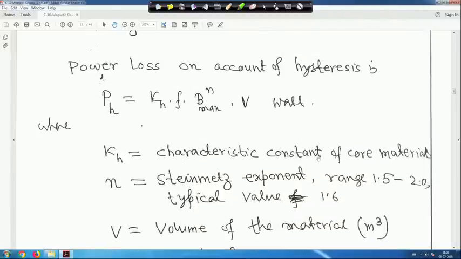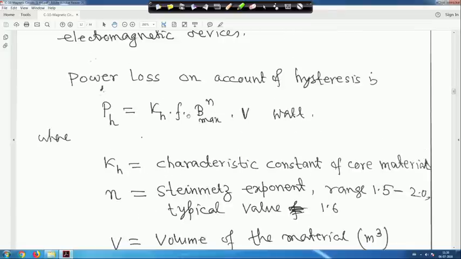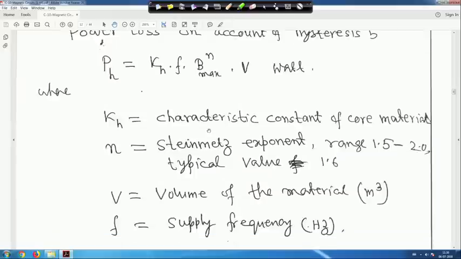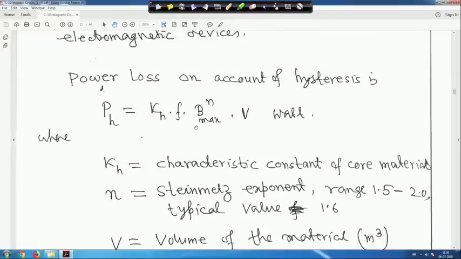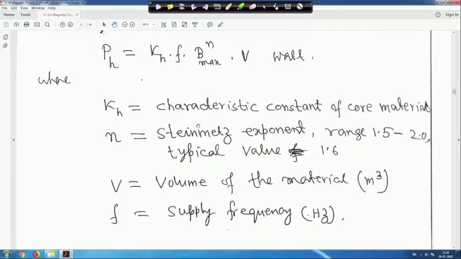Kh is the characteristic constant of the core material. n is the Steinmetz exponent, range 1.5 to 2.0, typical value 1.6. F is the supply frequency in hertz. This is the formula for the hysteresis loss.